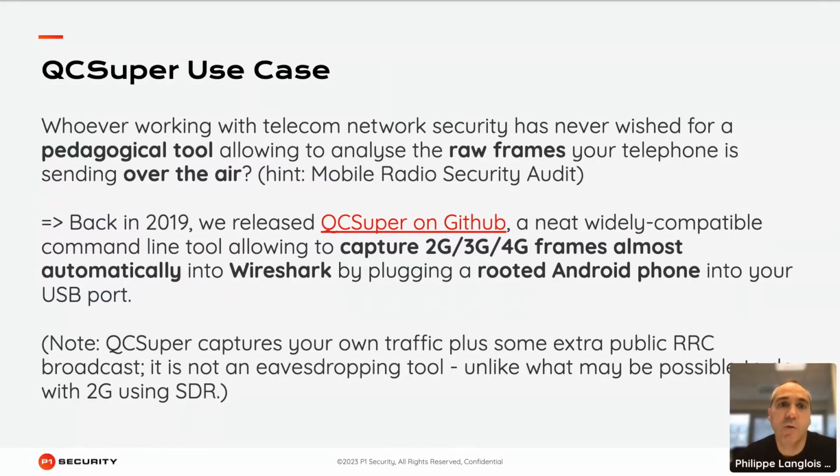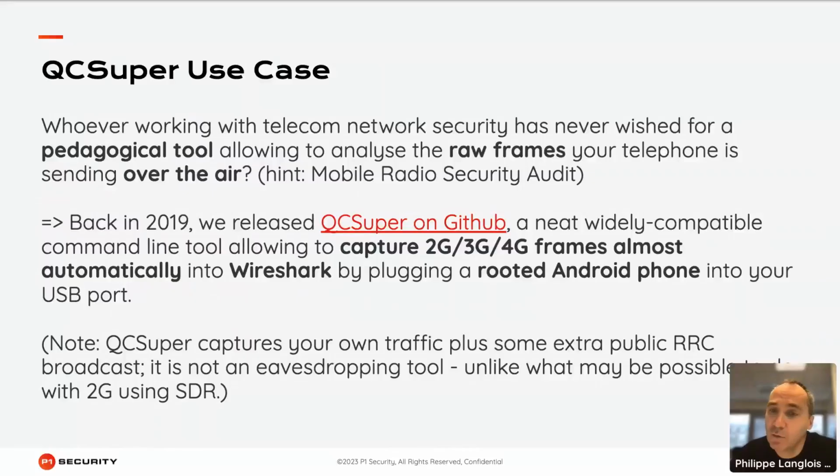Anyone working with radio and mobile networks wants to go into the depth of what is transiting between the baseband and the radio access network, and more precisely the base station, being the eNodeB, but now in 5G the gNodeB.